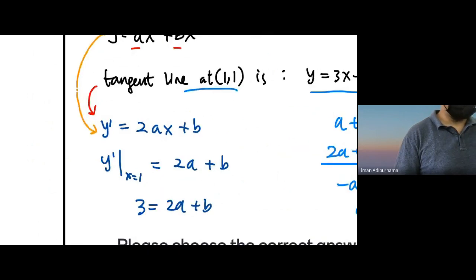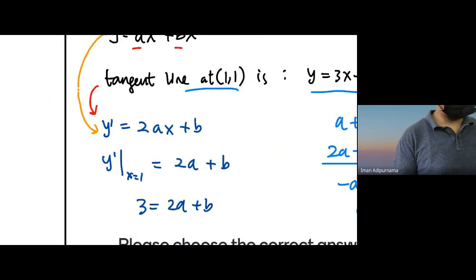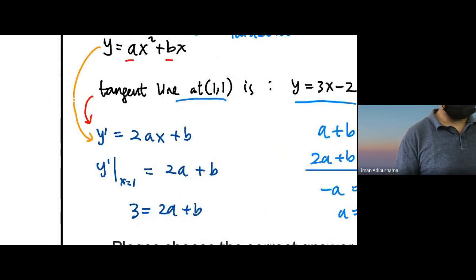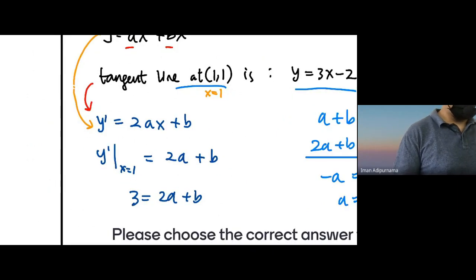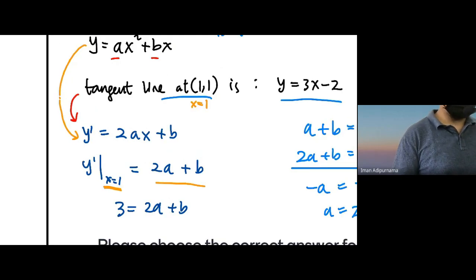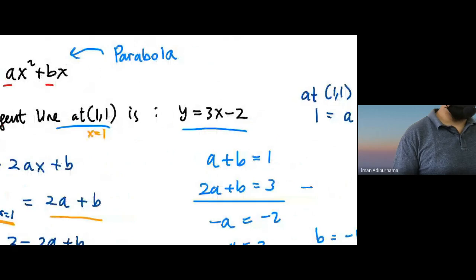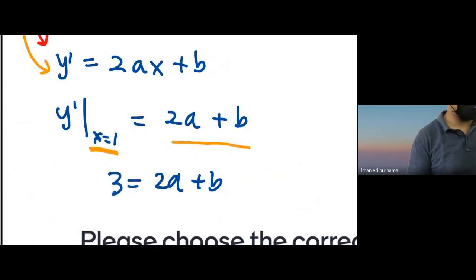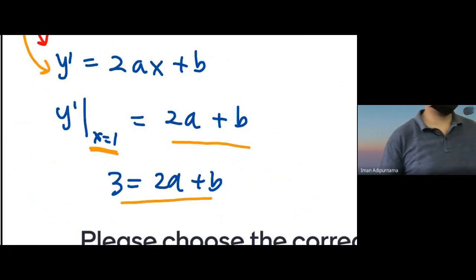The first derivative is 2ax plus b, and we know that the point we are looking at is x equals 1. We put x equals 1 and get 2a plus b, and we know from the question that the slope of the tangent line is 3. So we have the equation 2a plus b equals 3. That's our first equation.